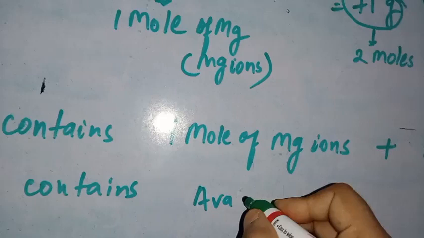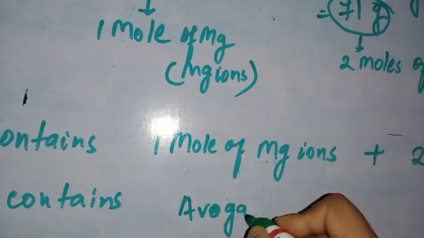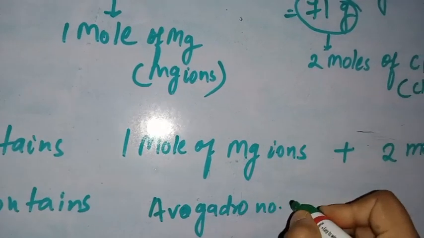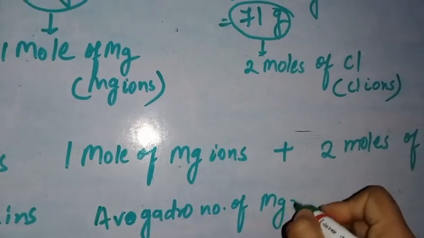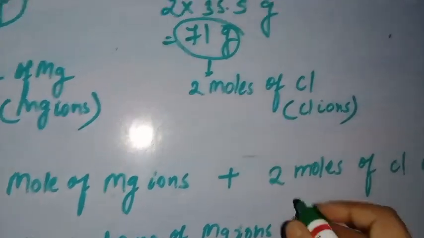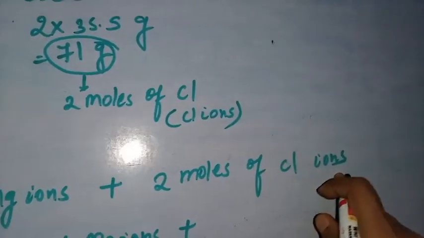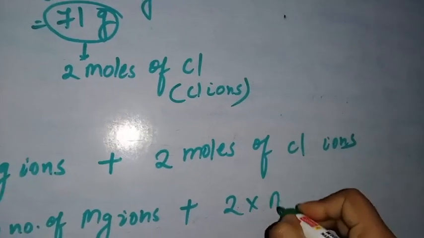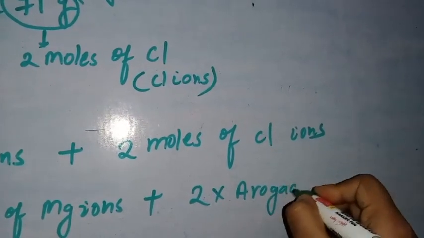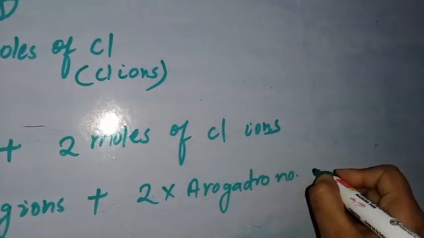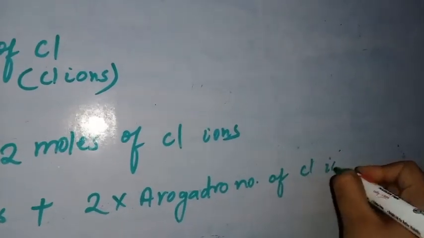So we can write Avogadro number of magnesium ions plus, here 2 moles of chloride ions means 2 into Avogadro number of chloride ions.